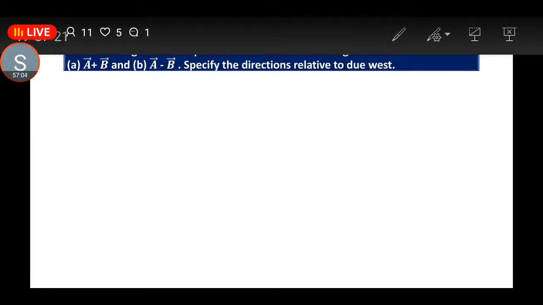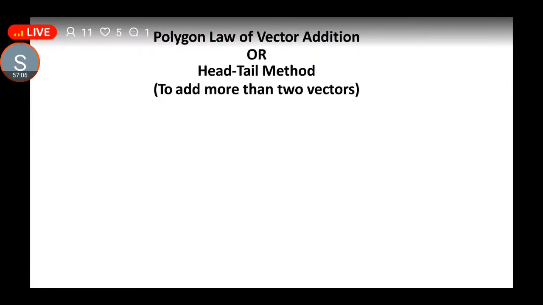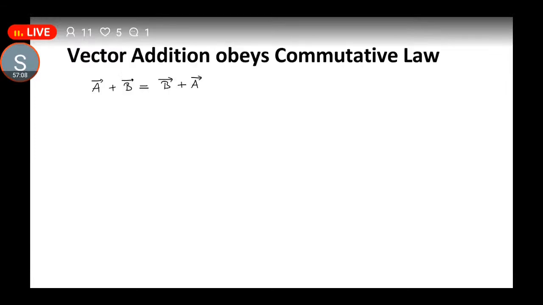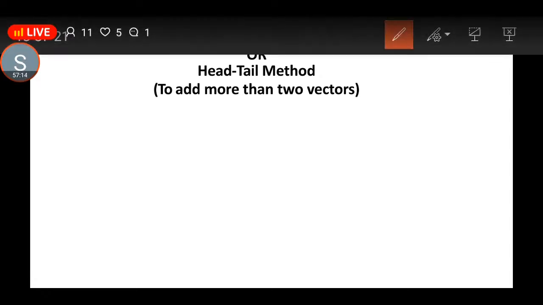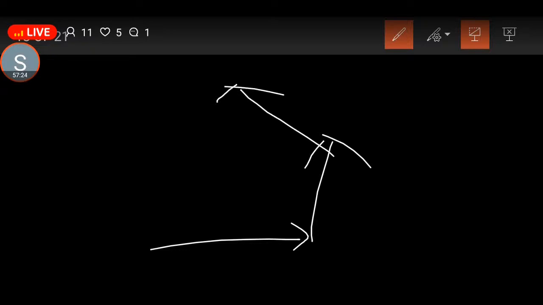How to add those? See, I have a vector. In a polygon, how many sides will be there? That many sides, but the closing side is in the opposite direction.